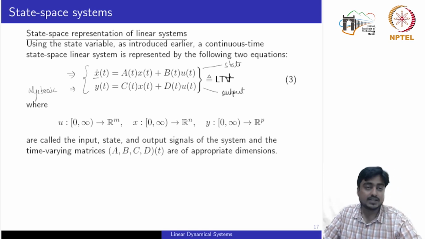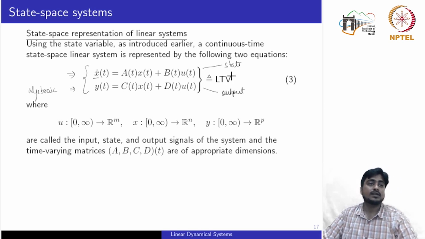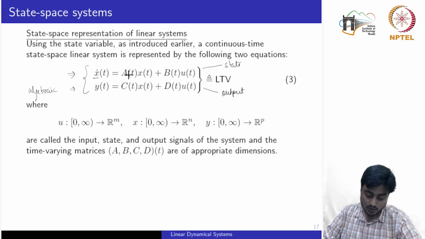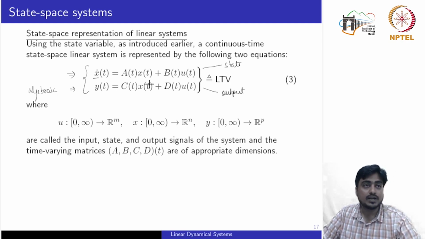So this representation we say is for the time varying system because all these parameters a, b, c, d are functions of time. Now if all these four parameters are constants, then we define that system as an LTI system.